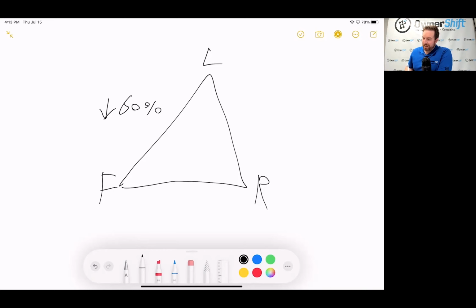If you are above that, you are in what I call the dead zone. The reason is that the more your variable costs, your food and labor costs, go up, the less money you have to pay your fixed expenses, which don't go anywhere. It makes it so much harder for a restaurant to make a profit.